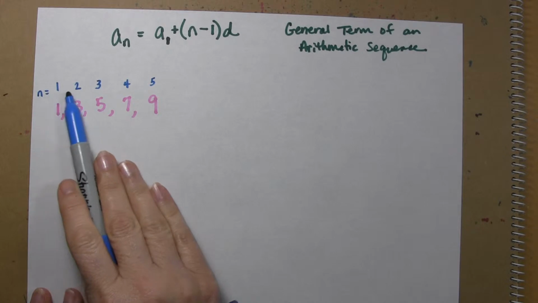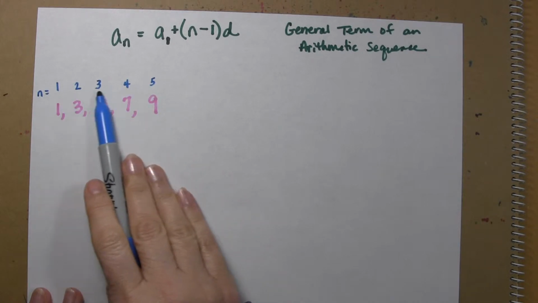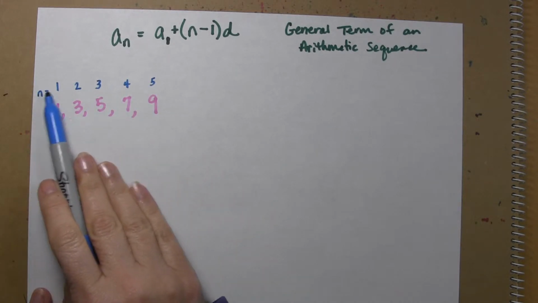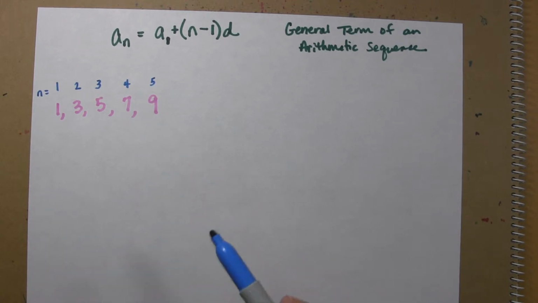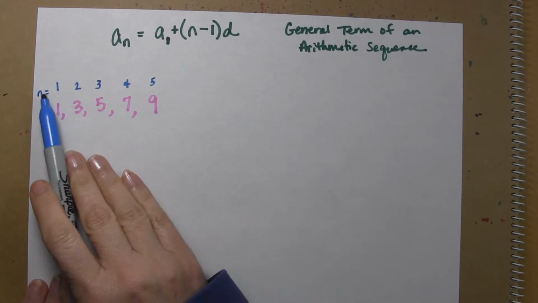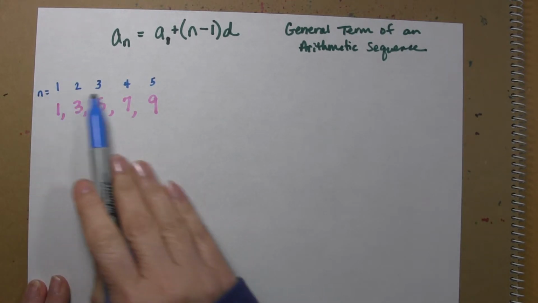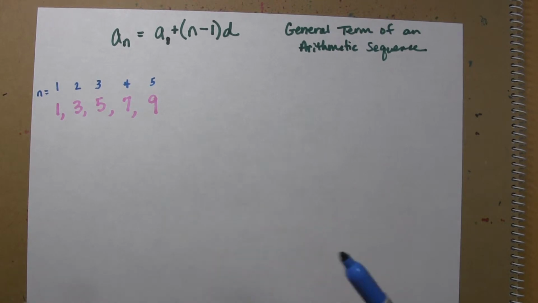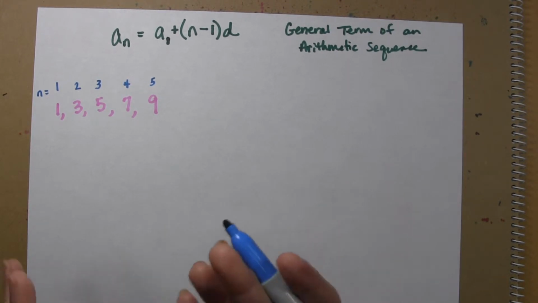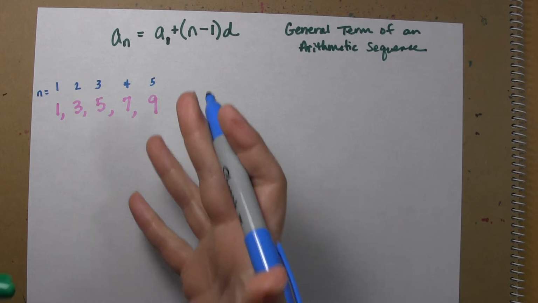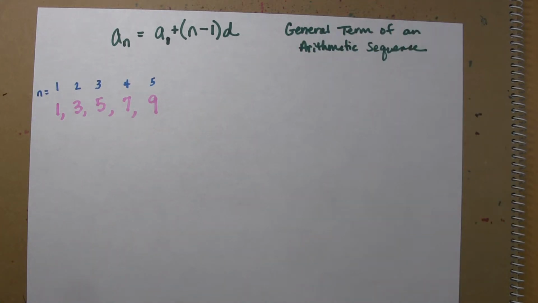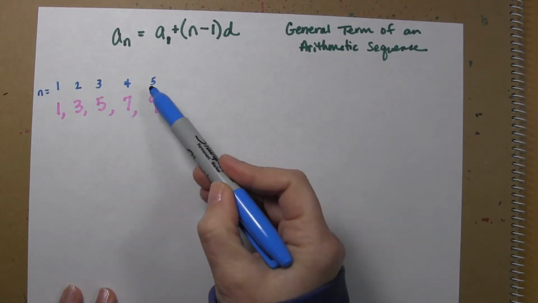This should look very familiar to you because this is similar to what we did when we set i equal to those numbers, when we were learning our summation notation. Well, this is n equals those numbers. It's the same thing as i. It's which place does it have in the sequence? Is it the third place? Is it the fifth place?